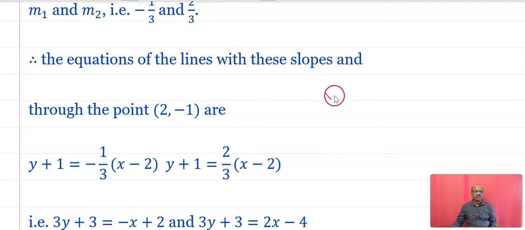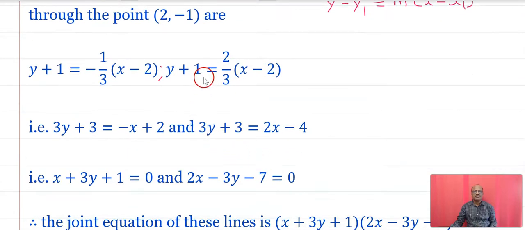Here we apply the slope point form, y - y1 = m(x - x1). Substituting y1 = -1, we get y + 1 = -(1/3)(x - 2), and next y + 1 = (2/3)(x - 2). Simplifying, 3y + 3 = -x + 2, and 3y + 3 = 2x - 4.